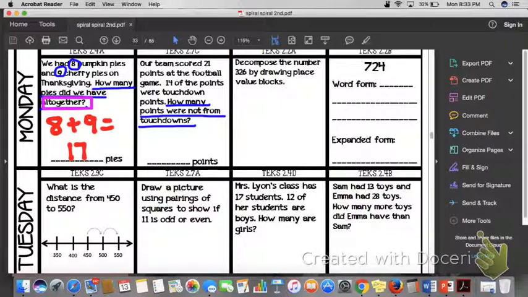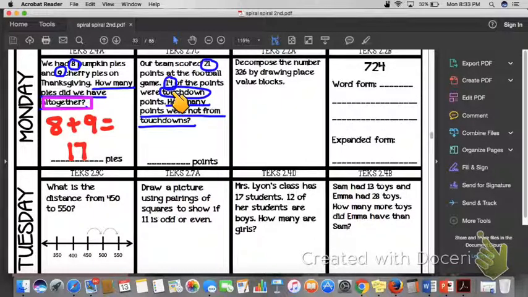So I know I have 21 points, and I know that 14 of the points were touchdown. So these points are from touchdowns. So that means that the 21 has points from touchdowns and points that were not from touchdowns. So how am I going to solve how many points were not from touchdowns?